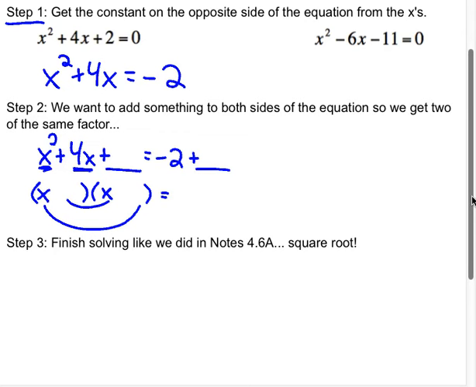So that 4x, if I want two of the same thing, it's going to have to split itself evenly amongst both of those factors, okay? So splitting itself up like that, because 2x times 2 or plus 2x does give me the 4x. So it splits itself evenly amongst those two factors, okay?